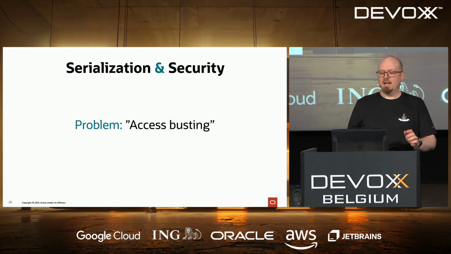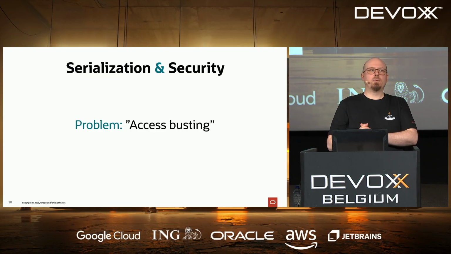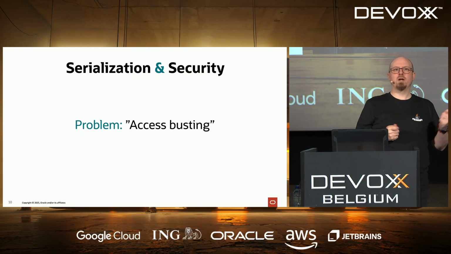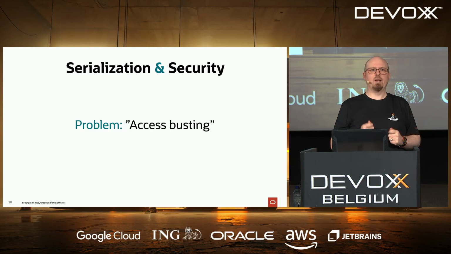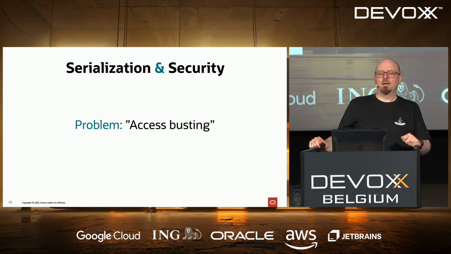And of course, access busting, which is essentially disregarding access control. If you can just reach into an instance and do whatever you want, pull out field values and poke field values back in, then you have a pretty brittle security model.